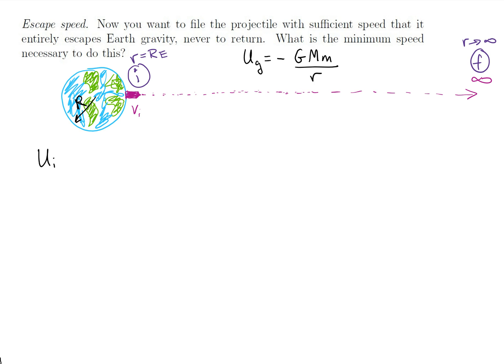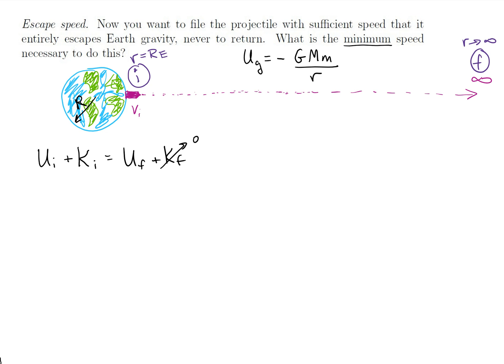So we're going to set up conservation of energy. Our initial total energy has to equal our final total energy. Since we're looking for the minimum speed that we need to go out to infinity, we're looking for the case where our final kinetic energy is 0.